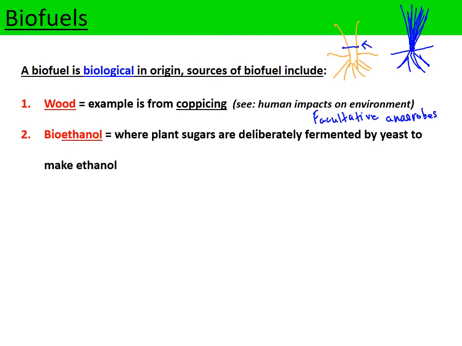So they'll absorb glucose from their environment, and they'll break the glucose down in the presence of oxygen to release the energy as ATP inside the cell. But when oxygen is not present, yeast cells can still break down glucose that they absorb, but the end product in this case is ethanol and a little bit of carbon dioxide. And this ethanol can be extracted, and then it can be used as a biofuel.